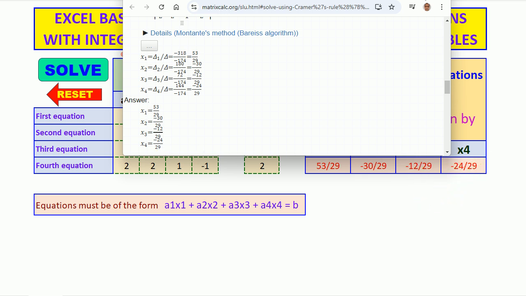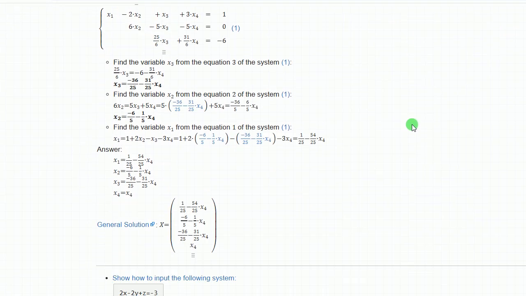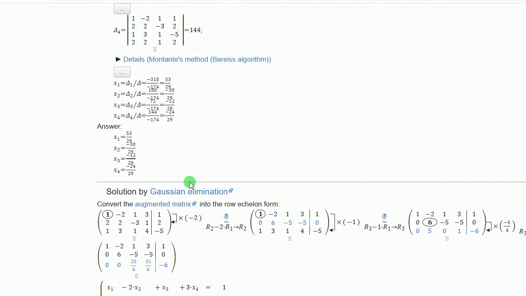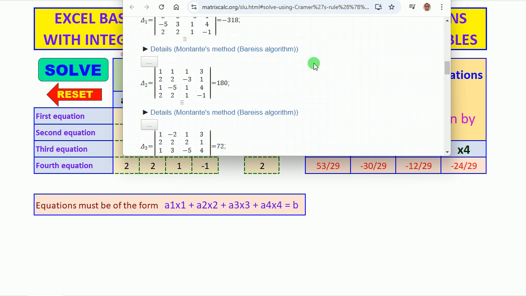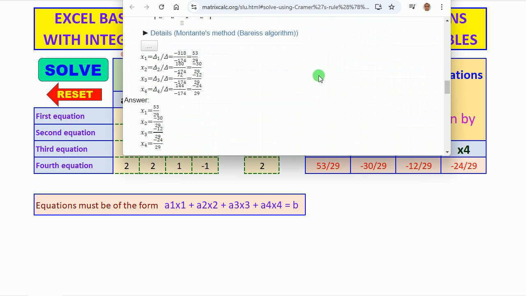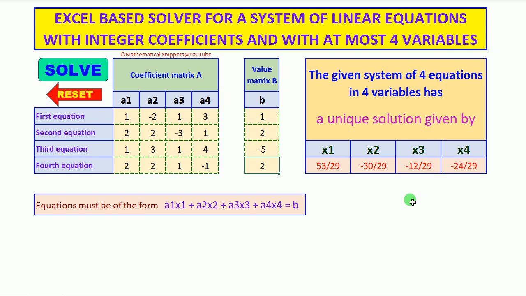If I make it a little bit bigger, you can see these numbers. So that means my calculator is working nicely.